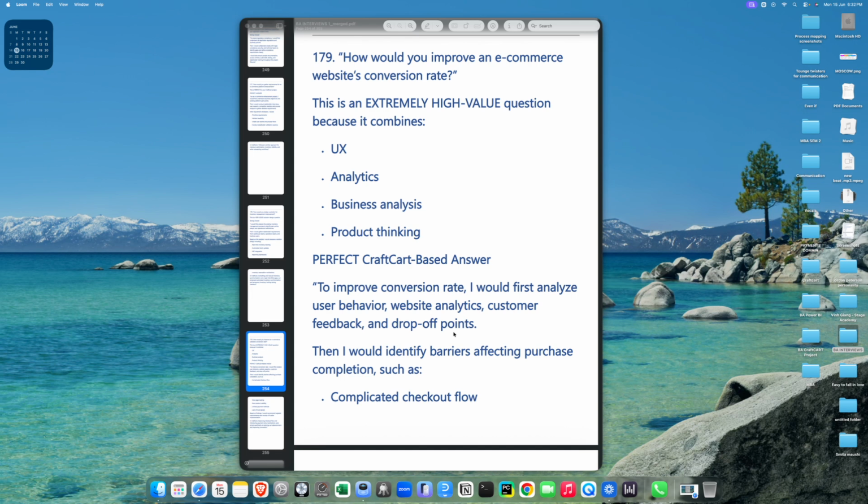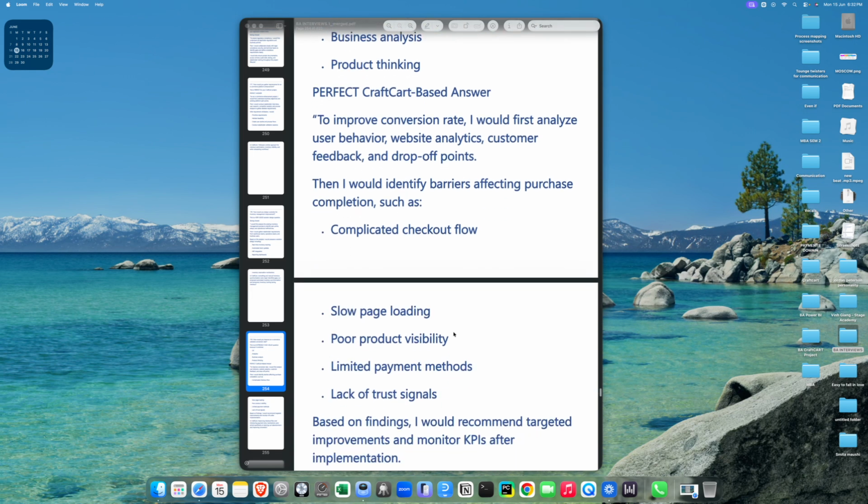And drop-off points, right? Once the barriers affecting the purchase completion are identified, I note the barriers, which are complicated checkout flow. There's a complicated checkout flow, that's why users are not able to understand how to check out. Slow page loading, very frustrating for the users, comes under non-functional requirements, remember that.